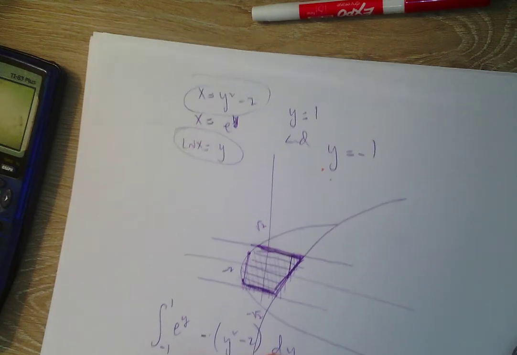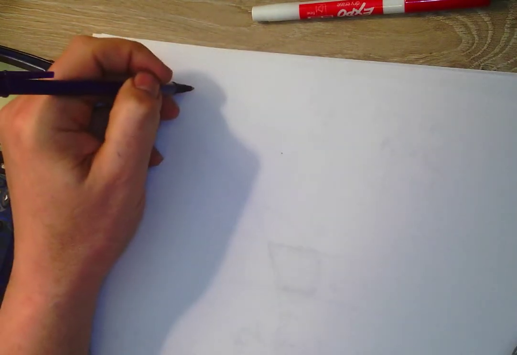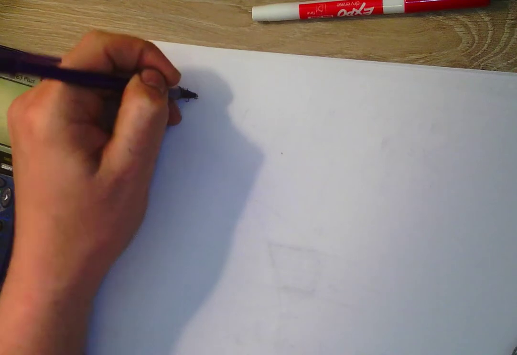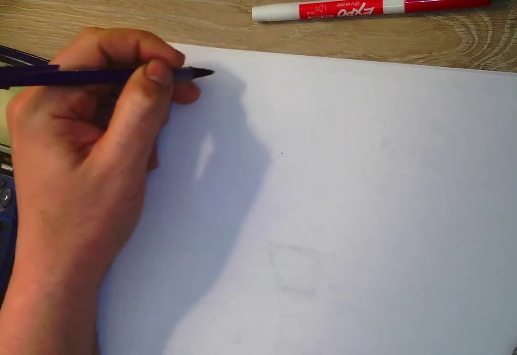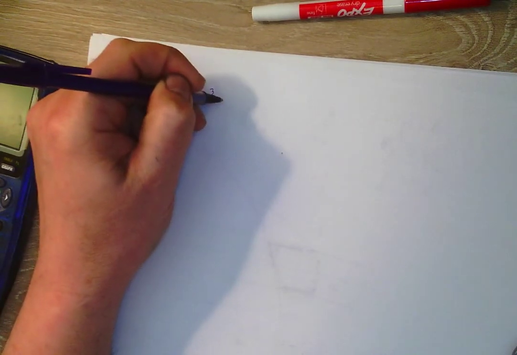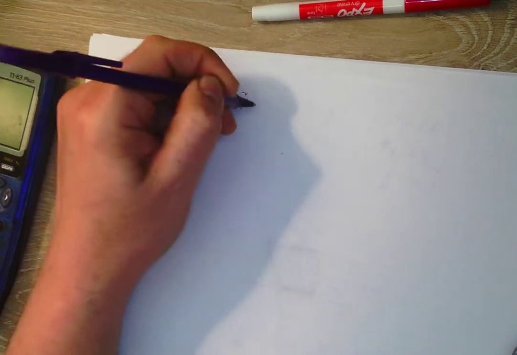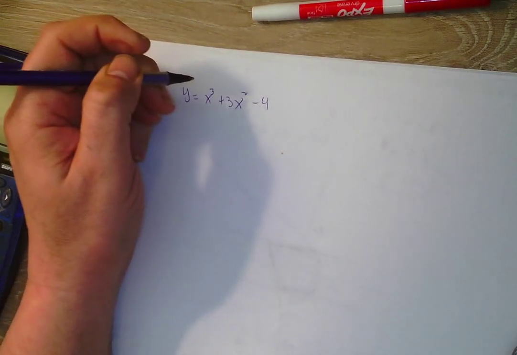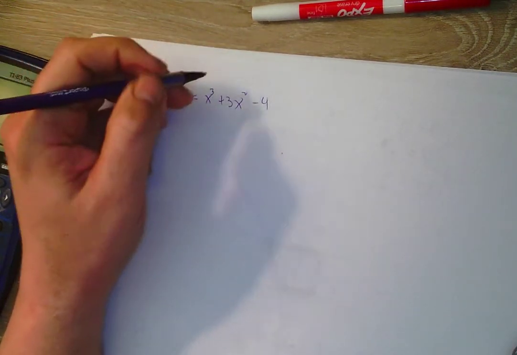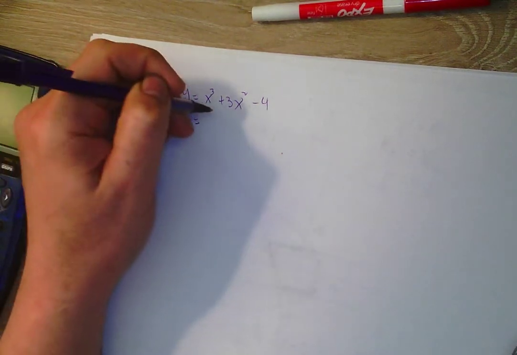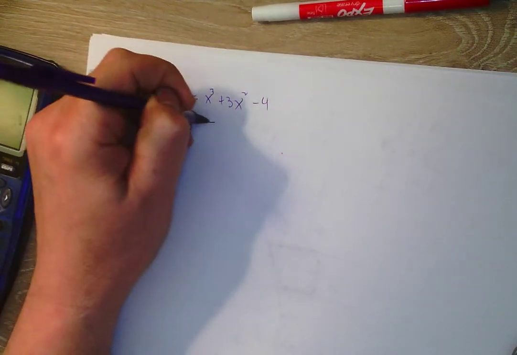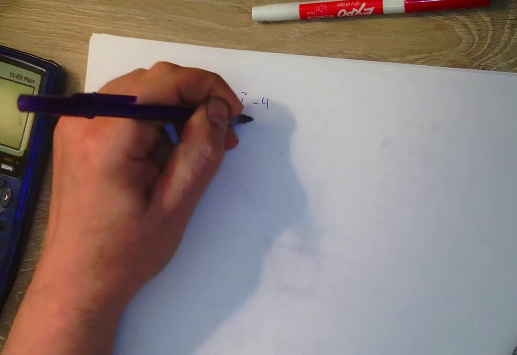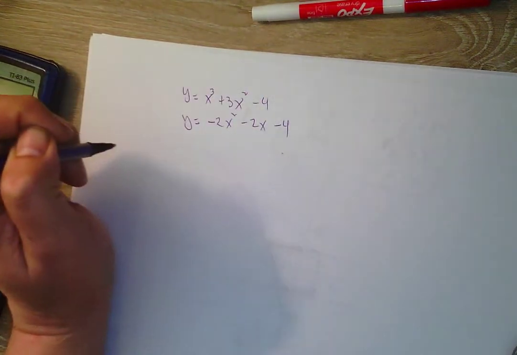The last problem I wanted to look at with you today was this one. We want to find the region bounded by these two curves. Y equals x to the third plus 3x squared minus 4, and y equals negative 2x squared minus 2x minus 4.